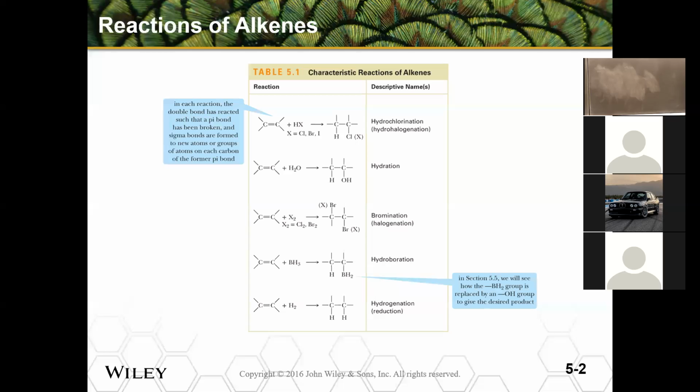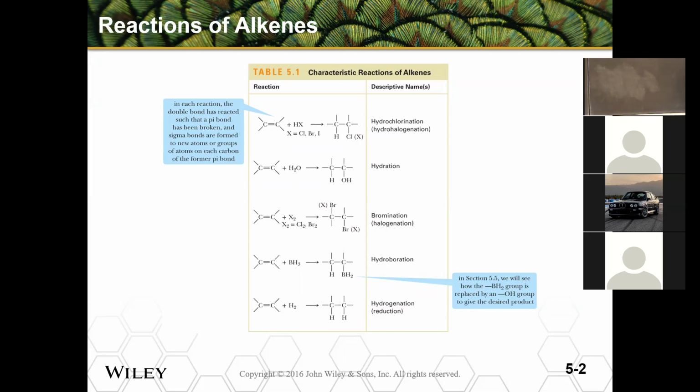Here is a summary of the reactions. Let me get this light here. Those in the classroom can see that a little bit better. The most dominant or the most common type of reaction for an alkene, also for an alkyne, is what we call addition.